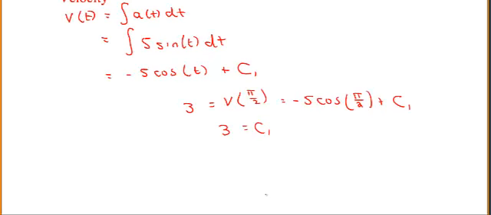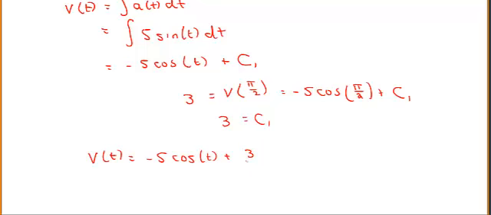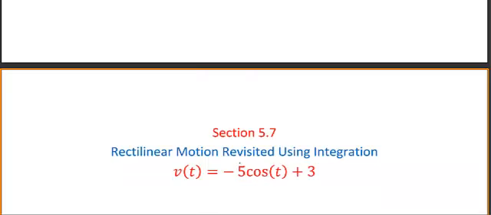So then the velocity function is going to be negative 5 cosine of t plus c1, which we found to be 3. So there's our velocity function. And there we have it.